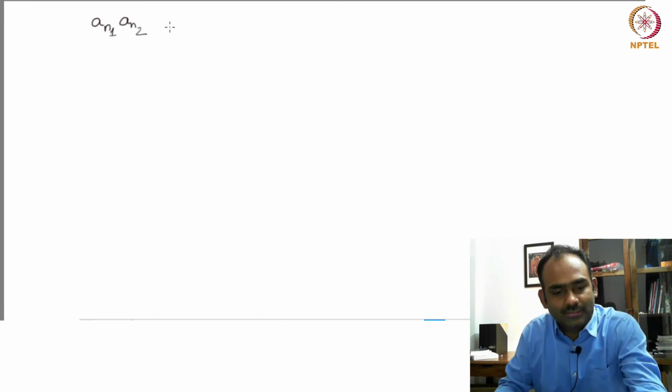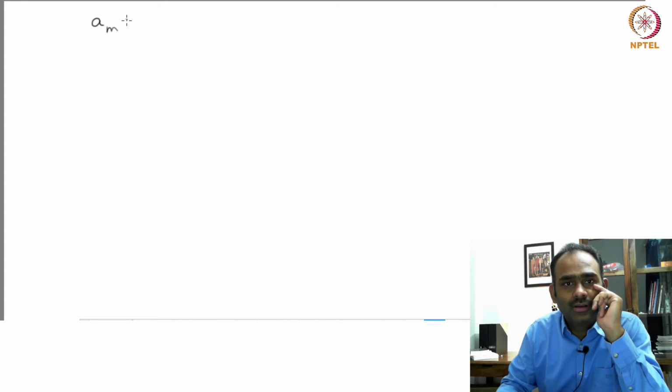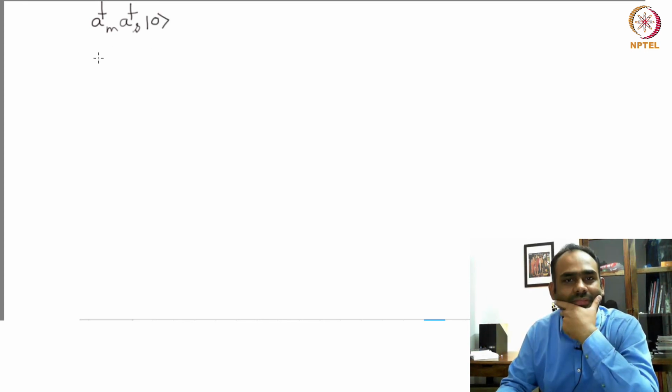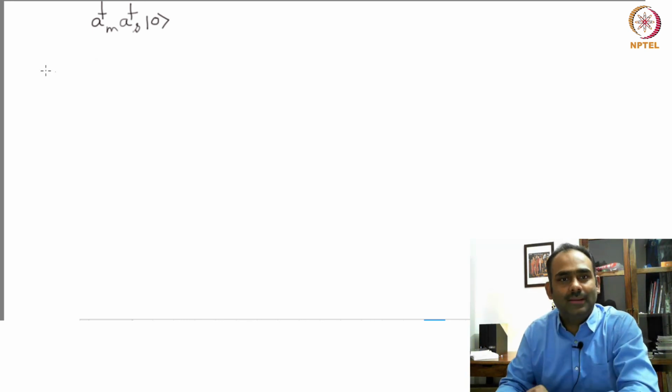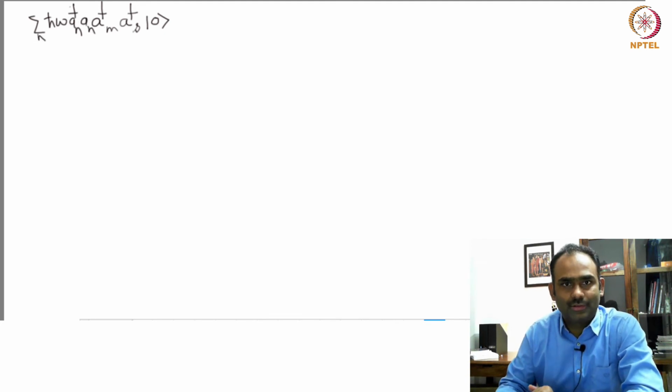So let's write a_m dagger a_s dagger, two daggers, ket 0. And ask whether this is an eigenstate of the Hamiltonian, and if so, what's the energy of this state. So I will put h bar omega_n a_n dagger a_n here, and there is a summation over n.